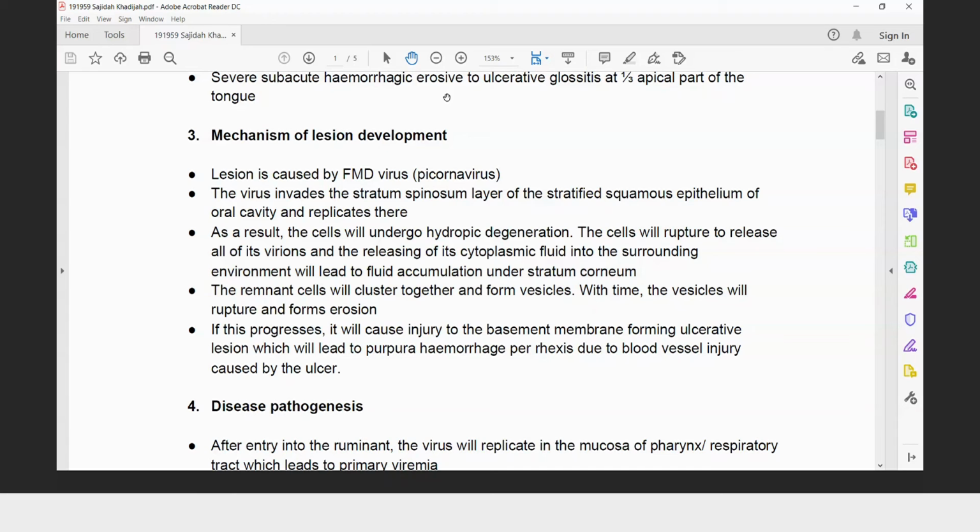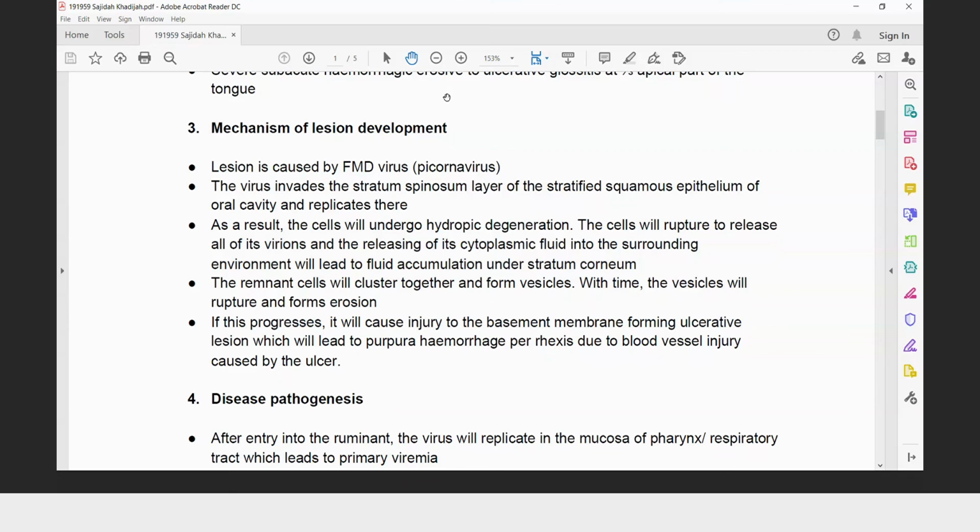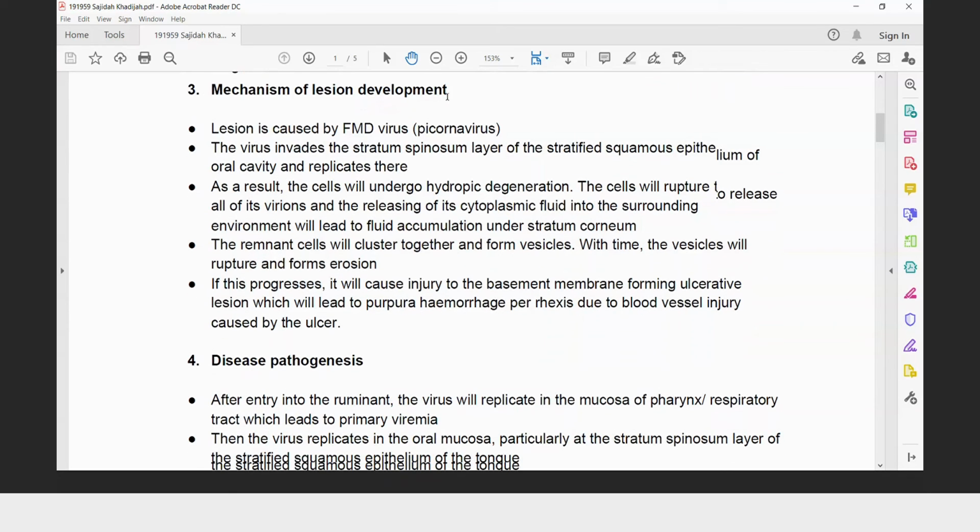Your first part of the answer is exactly what is in question number 3, where the virus enters the host through the oral cavity, multiplies in the lymphoid aggregate, causes primary viremia, then replicates in the stratified squamous epithelium, then formation of lesion.